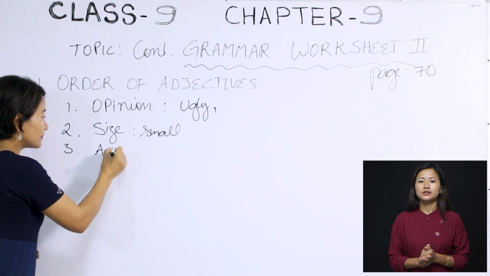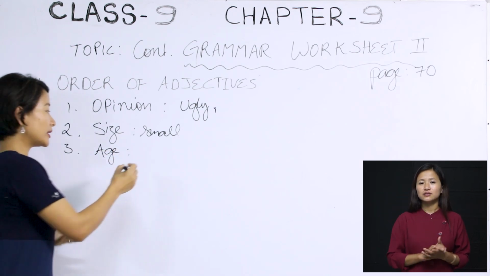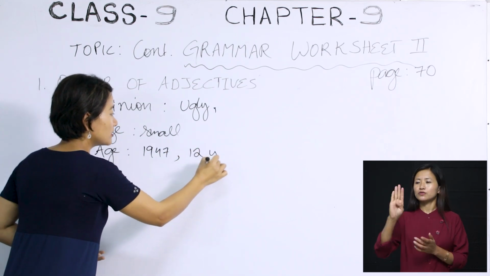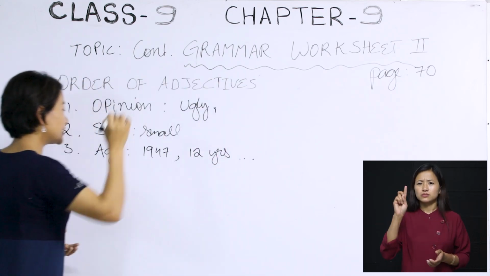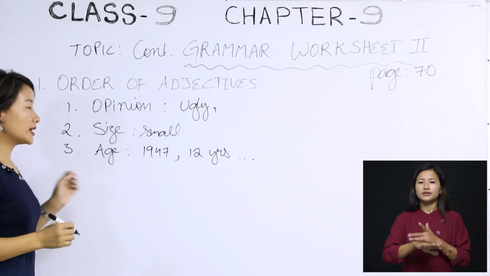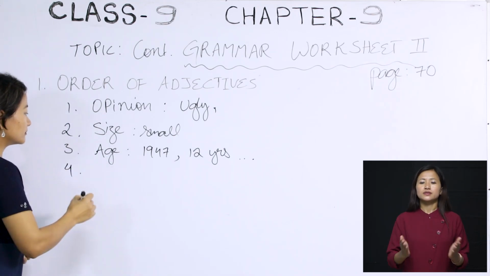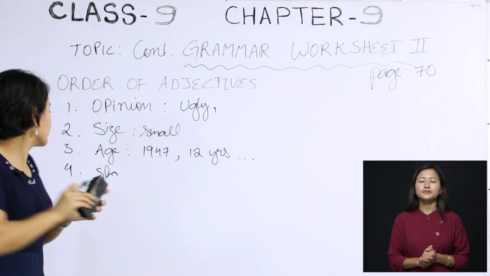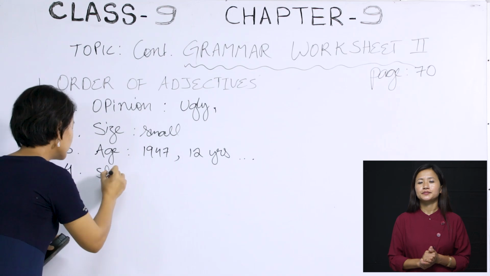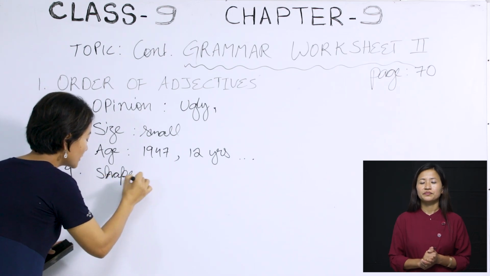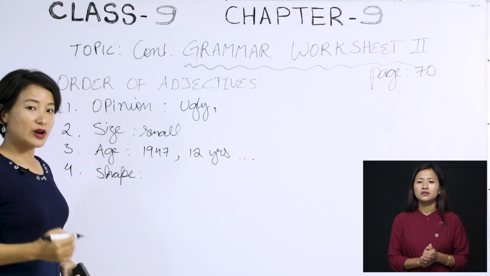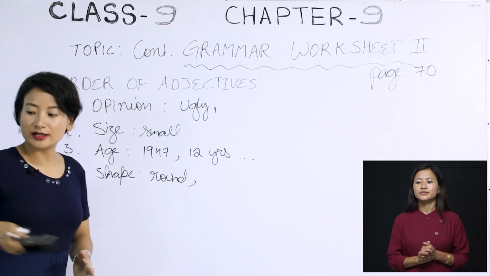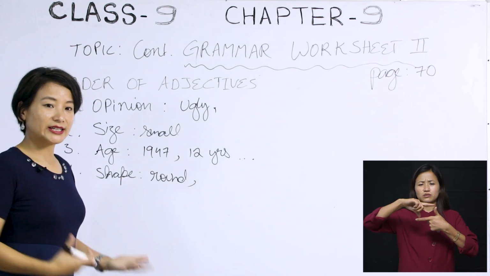Then comes age. Age in the sense of 1947, let's say, or 12 years old, and so on. All these things come under age. Now the next one, shape, whether it is round, flat, square, triangle, rectangle, and so on.